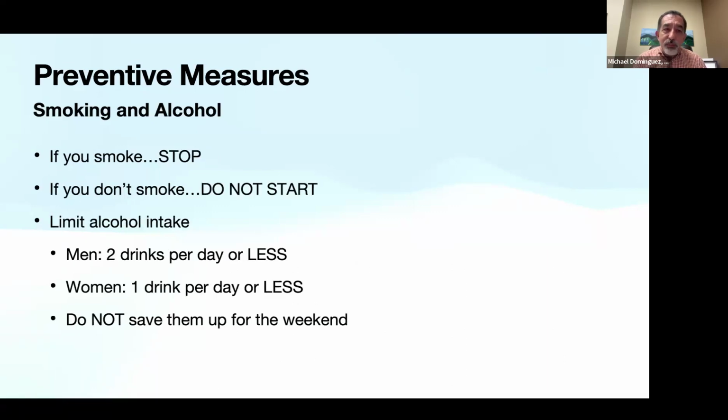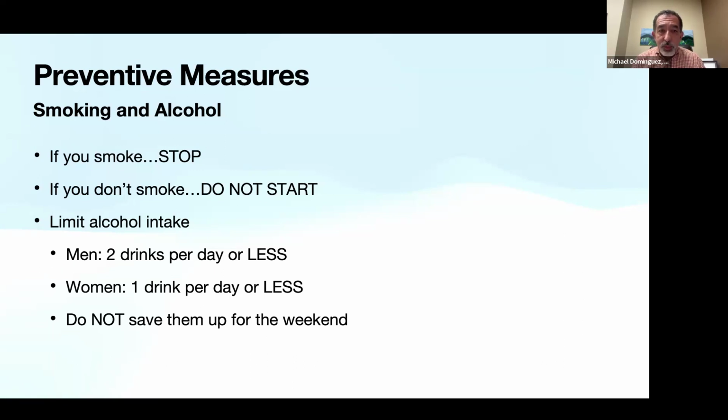Smoking and alcohol. As I said, if you smoke, stop. There are lots of options to help you quit smoking. For the 1 to 2 pack a day smokers, there's medication, and the patches help. If you're just the occasional smoker, sometimes people can just quit, and I would encourage them to do that.